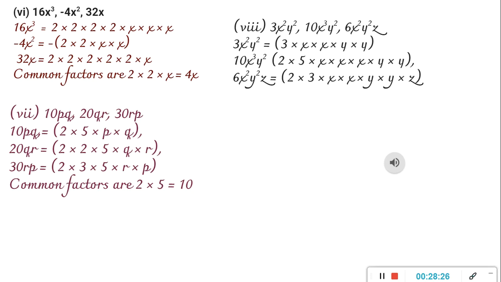Okay. So what are common here? Here only the common factors are x into x into y into y. So the common factor of 3x square y square, 10x cube y square, 6x square y square z is x square y square. Clear?